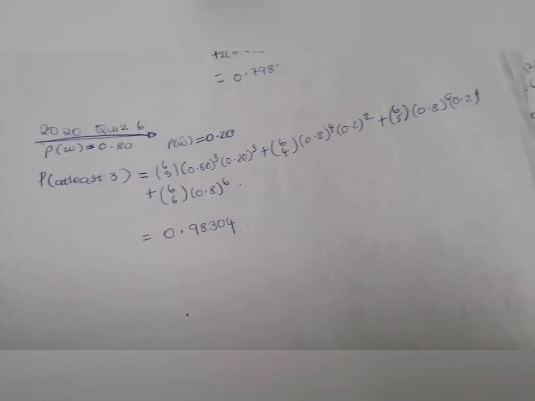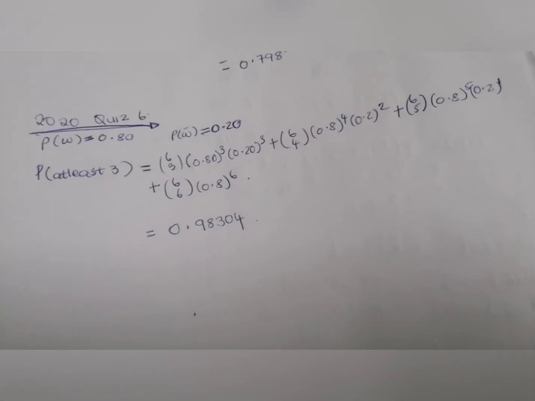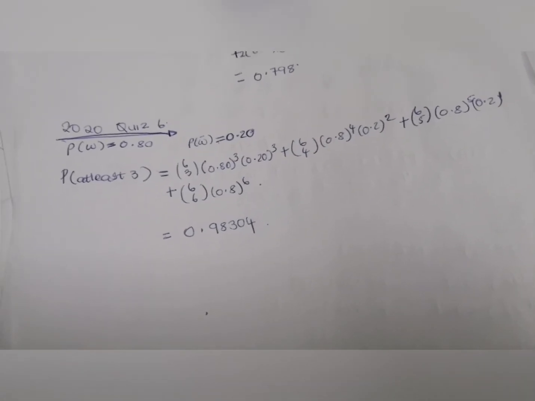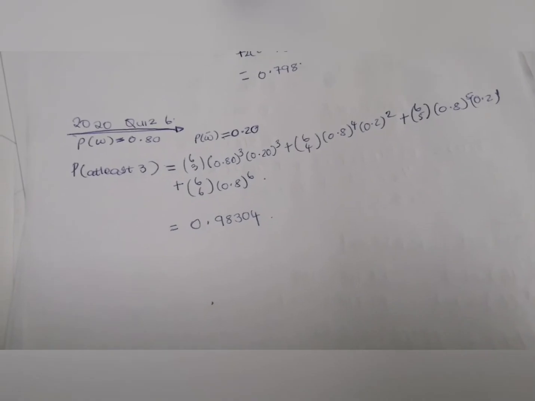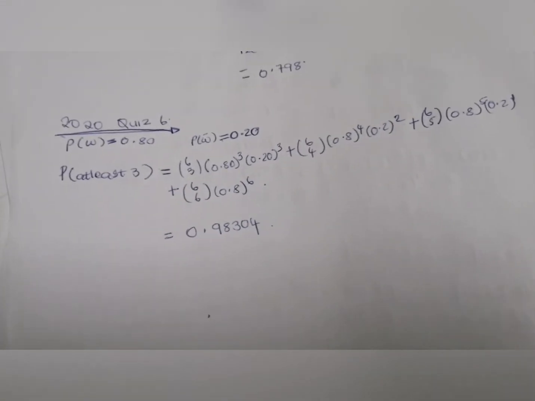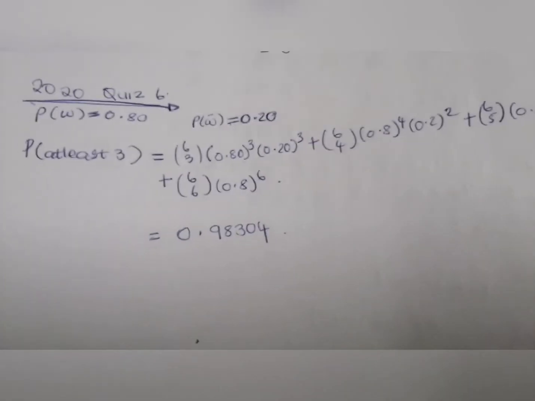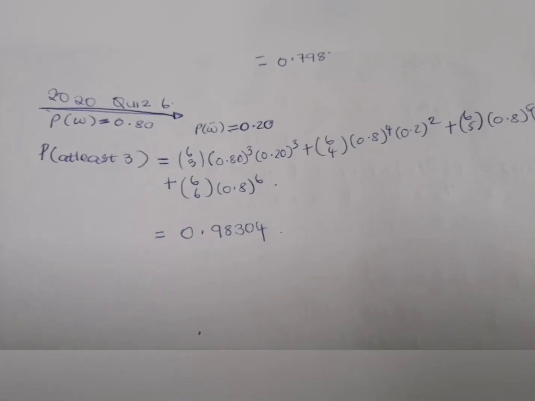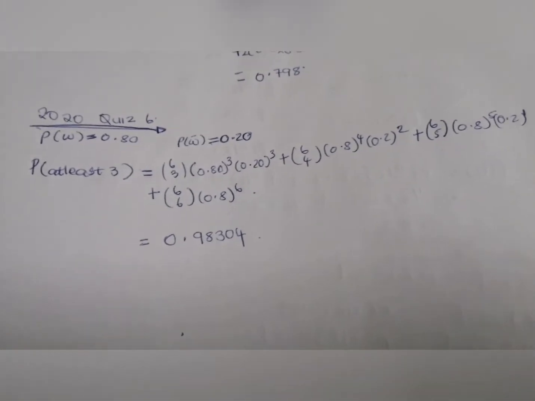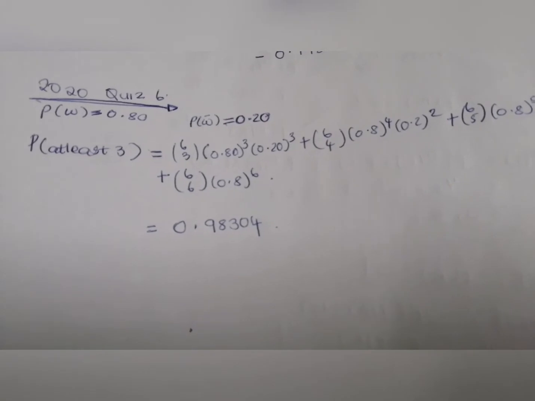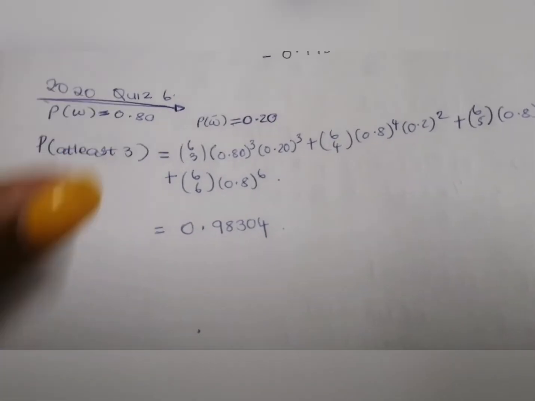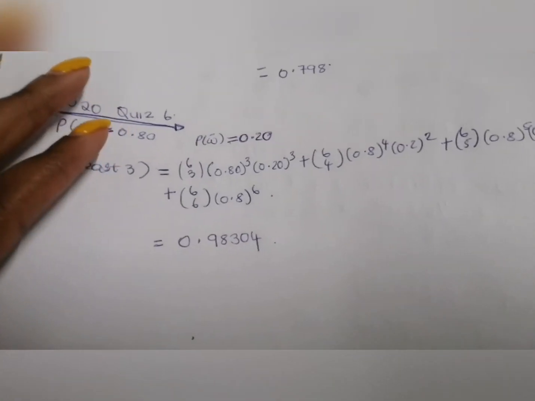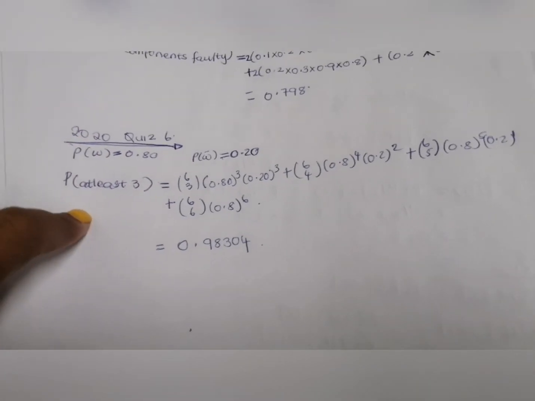Because we haven't done random distribution yet in this channel, I'll just explain it like this, but just bear in mind that this is a binomial distribution, and you'll see it later. And so we want the probability.